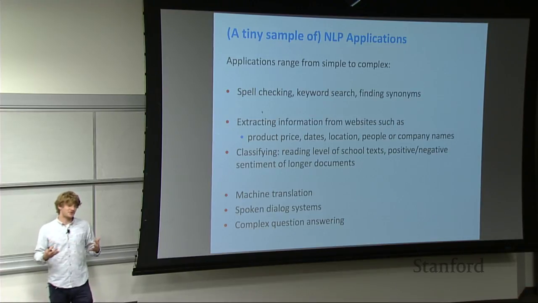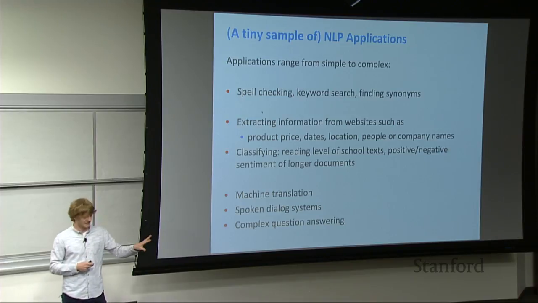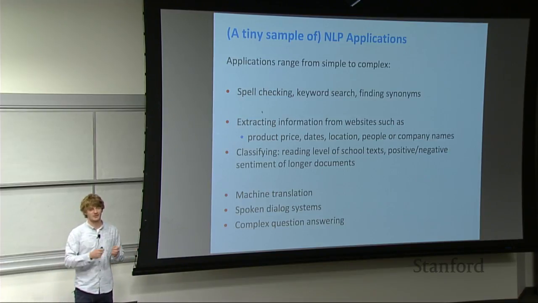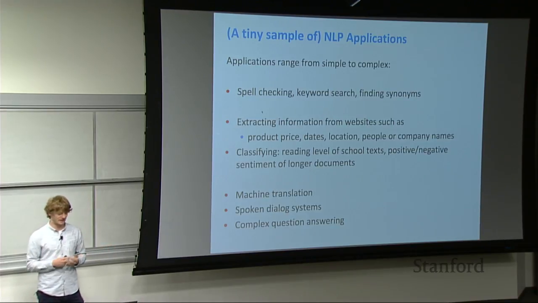Then where it gets really interesting and really hard as well is in the last category, for tasks that aren't just a single category, like classification outputs, or just extracting certain phrases from a document, but actually generating an entire sentence.